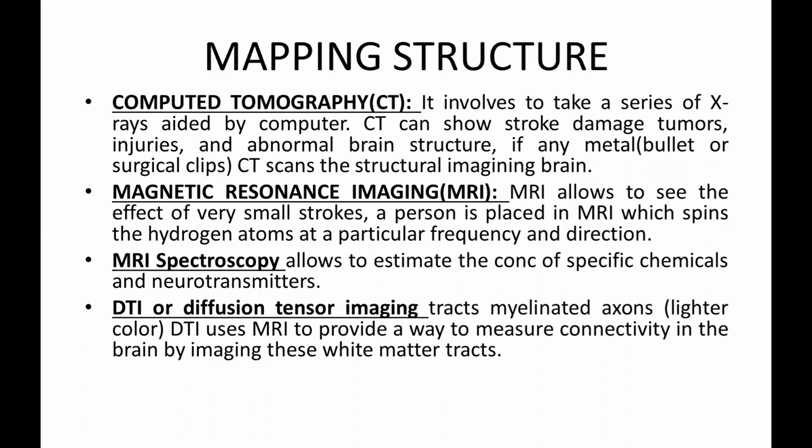CT scans can show stroke damage, tumors, injuries, and abnormal brain structure. A CT scan is also the structural imaging method of choice when there is metal in the body. For example, if a patient has a bullet or surgery clips, we can use a CT scan, and it is useful for imaging a possible skull fracture too.